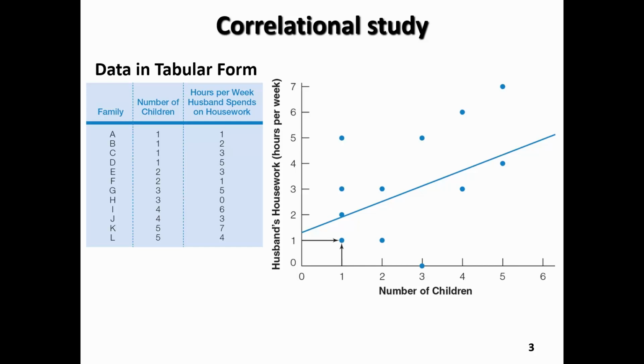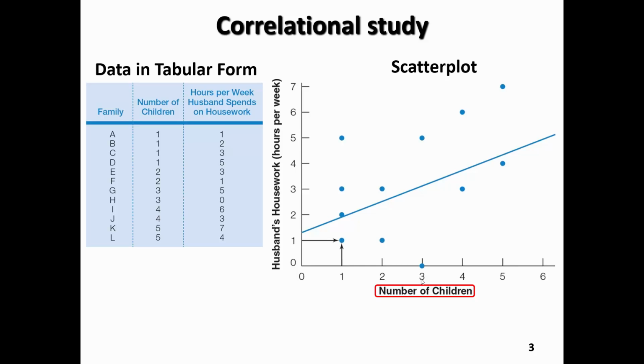So what we do in a correlational study to see if there is a relationship between these two variables is make a scatter plot, and that's what we see here on the right-hand side. In the scatter plot, we place the variable number of children on the x-axis, and recall from the previous slide, the variable that we plot on the x-axis is our predictor variable.